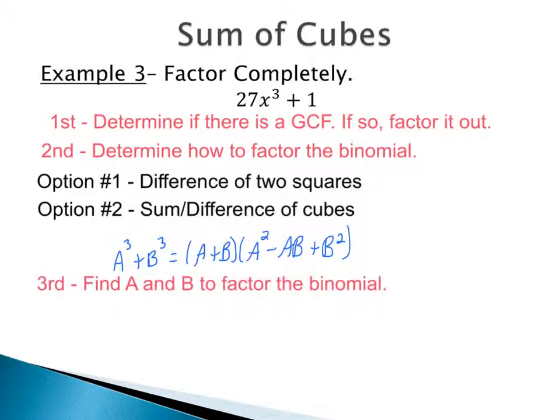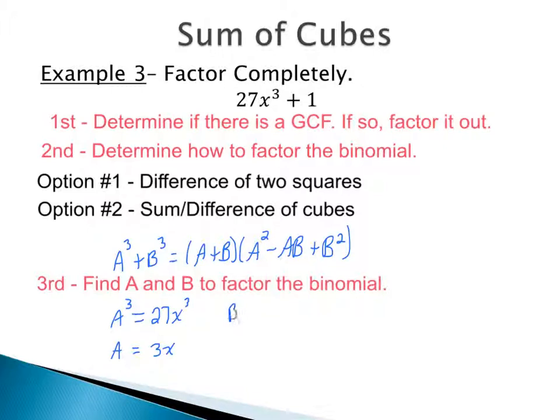So we start off with a cubed would be equal to 27x to the third. So then we need to figure out what a is. So first, with our coefficient 27, we need to figure out what to the third power gives us 27. Or again, using your calculator, you could do the cube root of 27, which ends up just being 3. Our x to the third, as an a to the third part, means that a is just going to be 3x. All right, so the x just comes down.